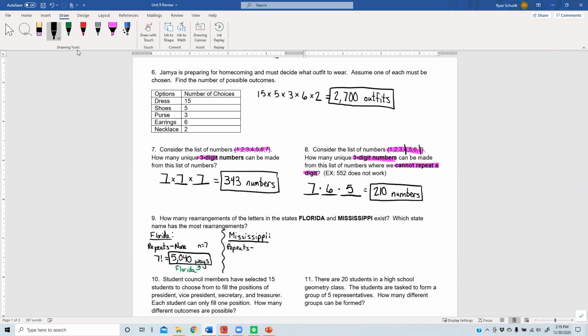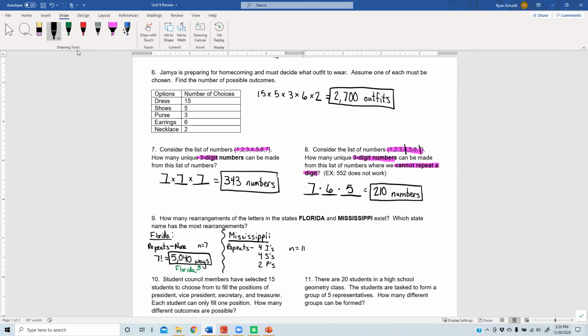Well, I've got 4 I's, 4 S's, and 2 P's. Okay. How many overall letters do I have? 1, 2, 3, 4, 5, 6, 7, 8, 9, 10. I've got 11 total letters.